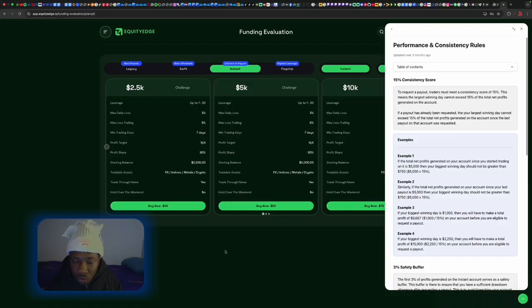That is going to be your consistent score, and then they will say you are obeying our 15% consistent score rule.